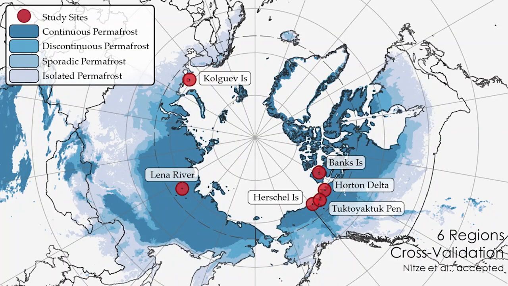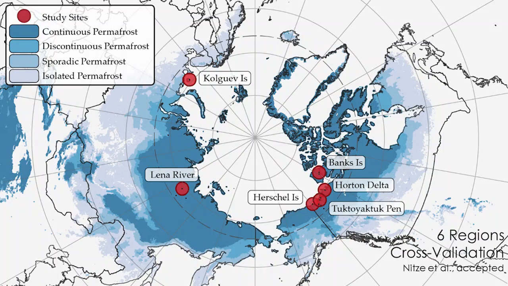To test our model and the application, we chose 6 regions across northwestern Canada and Russia, which are Kolguyev Island and Lena River slumps in Russia, and Herschel Island, Tuktoyaktuk Peninsula, the Horton Delta region, and Banks Island in northwestern Canada.